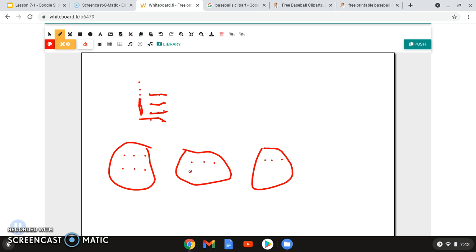So I'm going to go ahead and give those here. And then I've got 3 left that I'm going to be able to use here. So when I look at 18 divided by 3, I see that when I'm sharing those, I'm going to be able to give each person 6. So the answer to our problem would be 6.